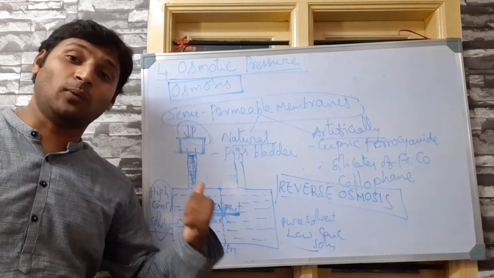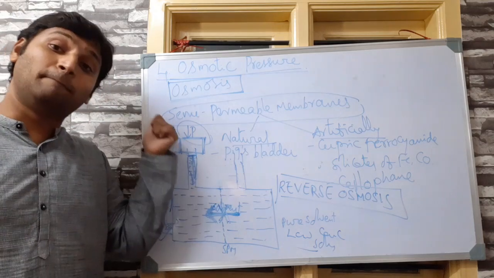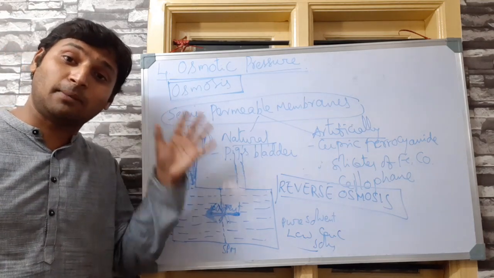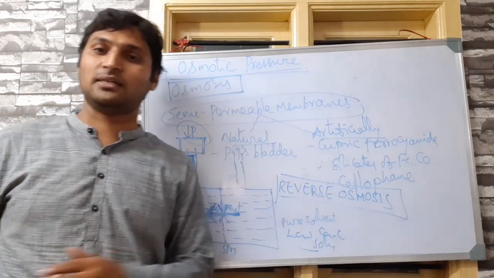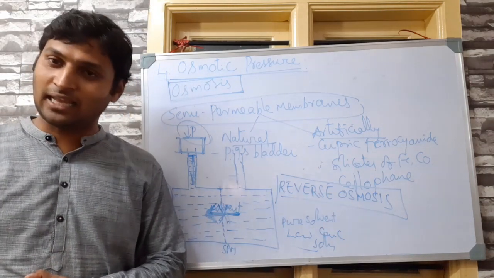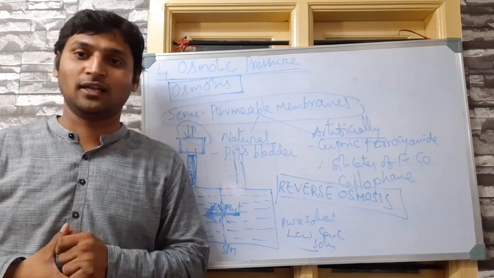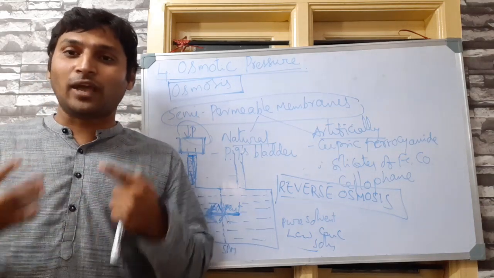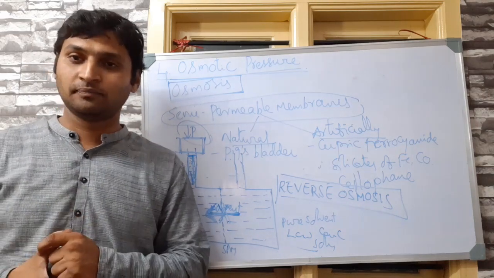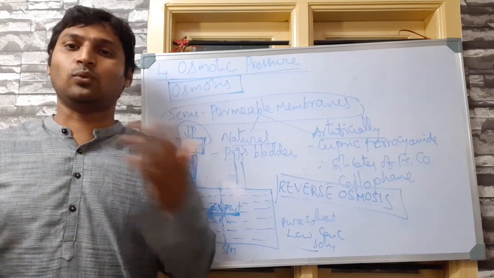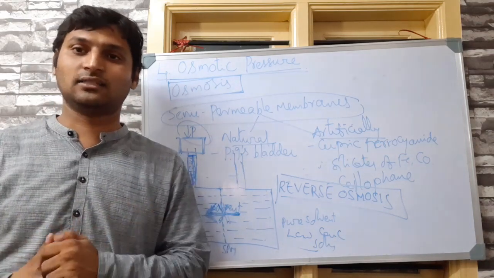That flow of solvent from solution side to the pure solvent, due to application of more external pressure than the osmotic pressure, is called reverse osmosis. Clear? Now, how is reverse osmosis very useful? These days of very scarcity for potable water, you know very well, fresh water in the world is only 1% of the total water occupying the earth's crust.